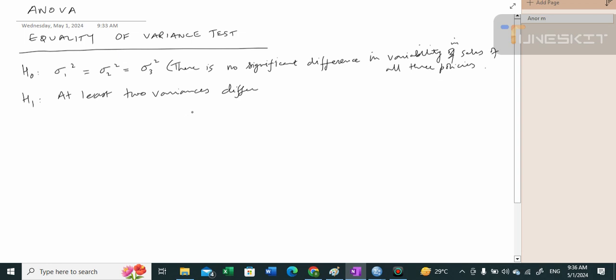Even in that situation, H naught will be challenged if even one pair of variances differ. That's why we state it as at least two variances differ.